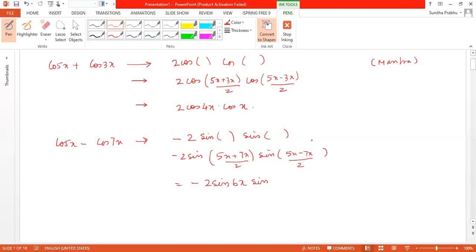See here, 5x minus 7x is how much? Minus 2x. Sine of minus 2x is how much? Sine of minus theta is minus sine theta.